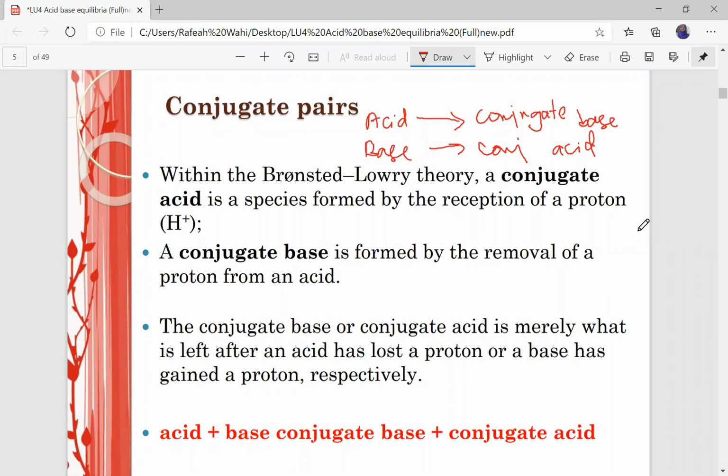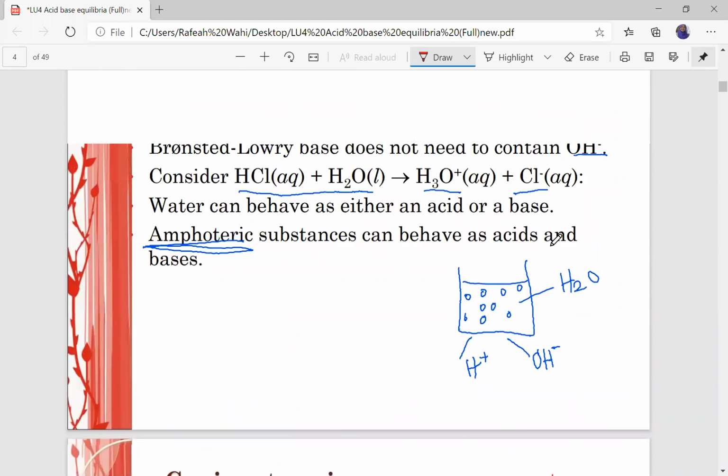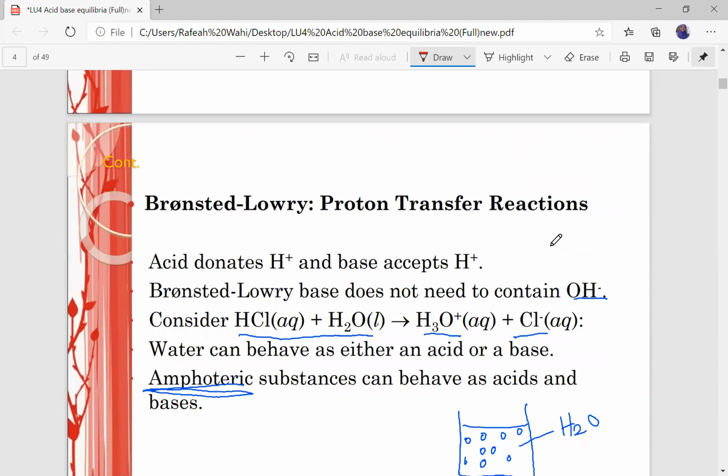Within the Bronsted-Lowry theory, a conjugate acid is a species formed by the reception of a proton. If you look back at the definition of Bronsted-Lowry theory just now, acid will donate H plus and base will accept H plus.